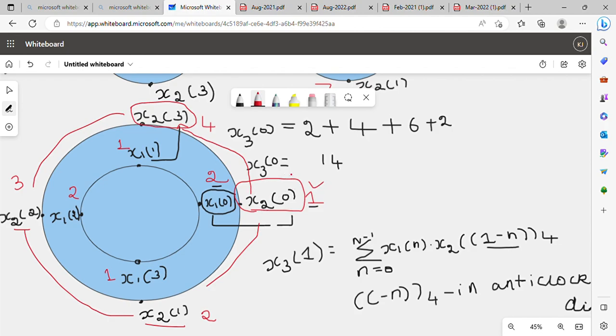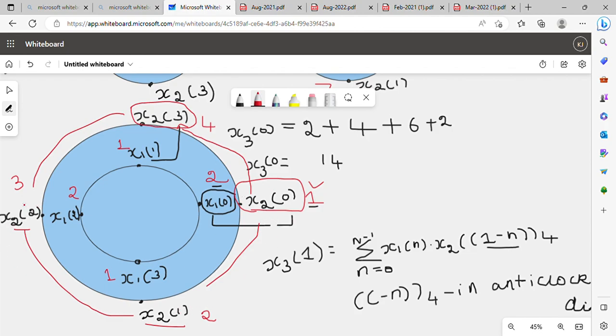So here origin is x2 of 0. This x2 of 0 origin, you are going to shift in anti-clockwise direction by one position. As n is equal to 1, you are going to shift it by one position. And if you shift this by one position, you are going to get x2 of 3 over here. In place of x2 of 3, you are going to get x2 of 0. In place of x2 of 0, you are going to get x2 of 1.